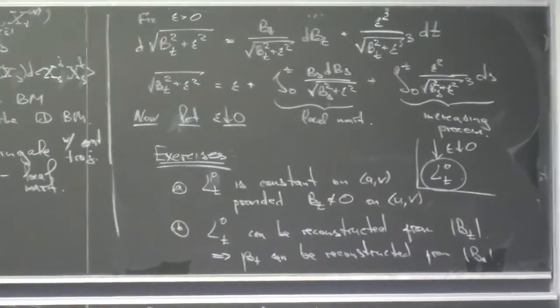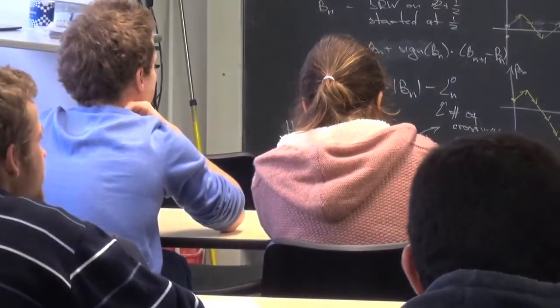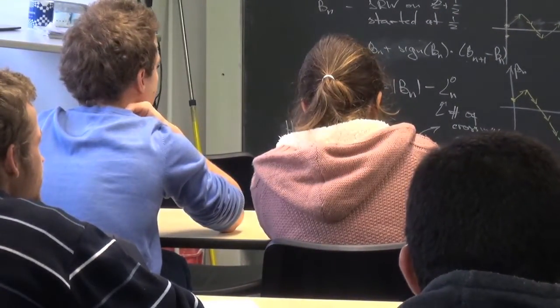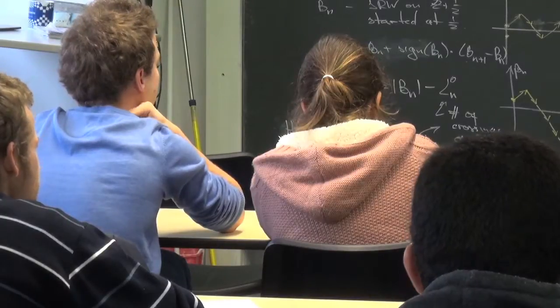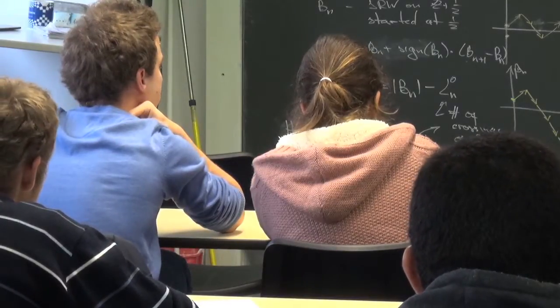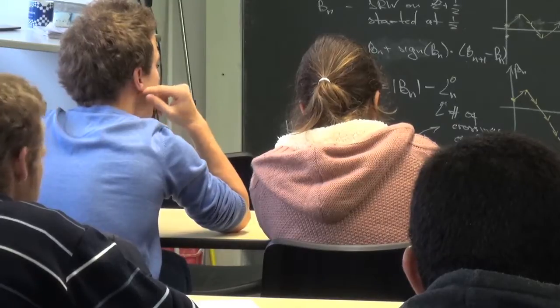Isn't it just the variation of the absolute value of B_t? Nope, not at all, because that's the other way around. When B_t moves, this is just unrelated. When B_t moves, this is constant.